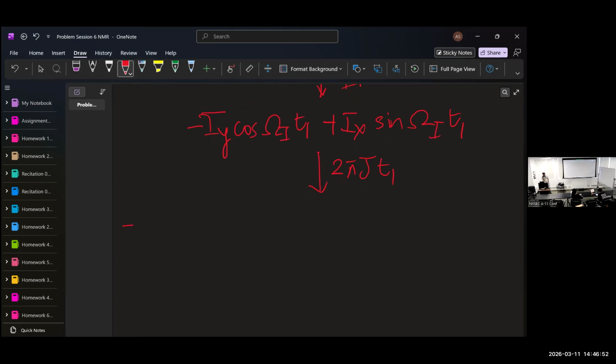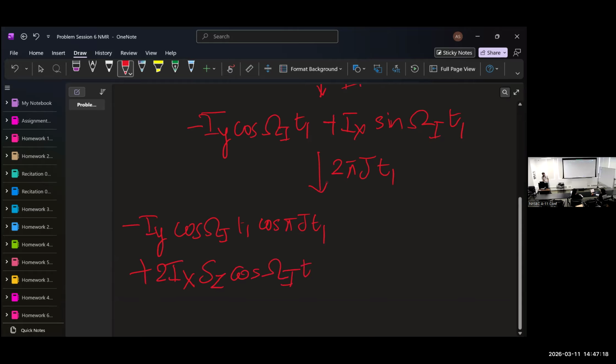Minus Iy, cos chemical shift, cos J coupling, plus 2IxSz, cos chemical shift, sin J coupling. It will always carry the cos of chemical shift with the sin of the scalar doublet.